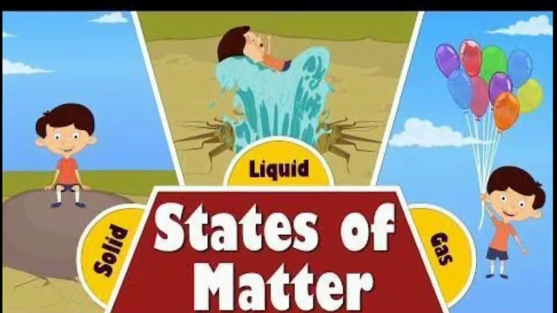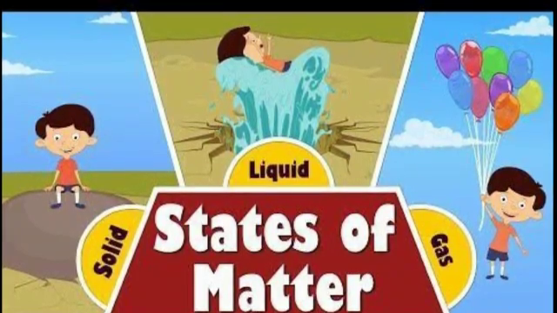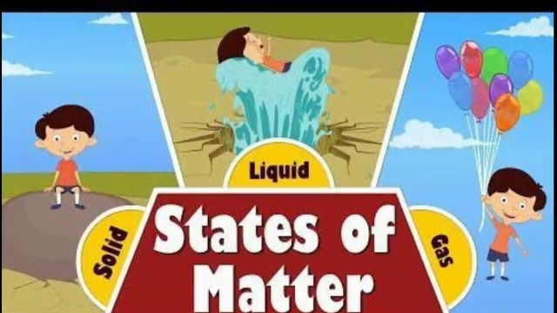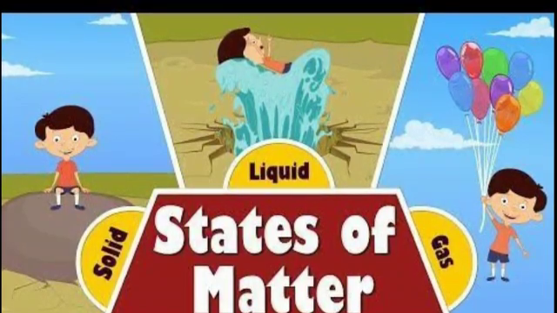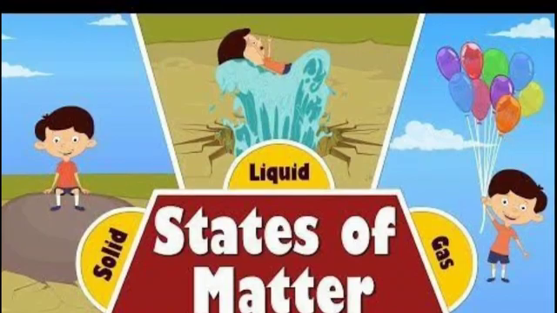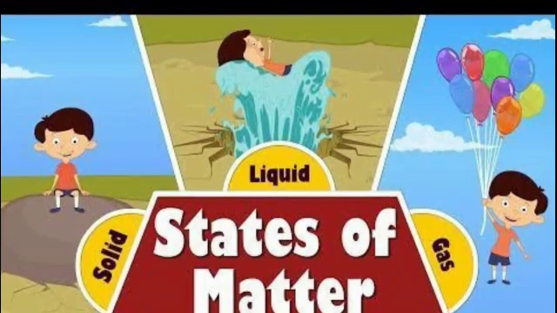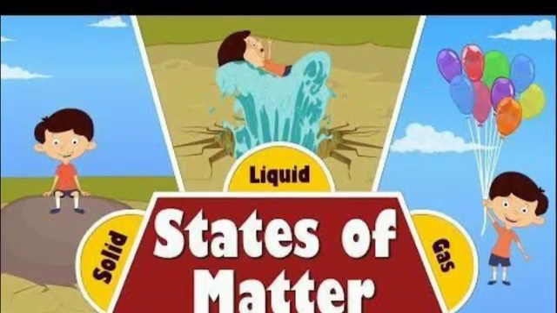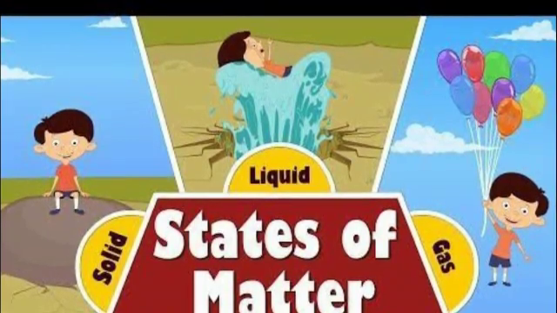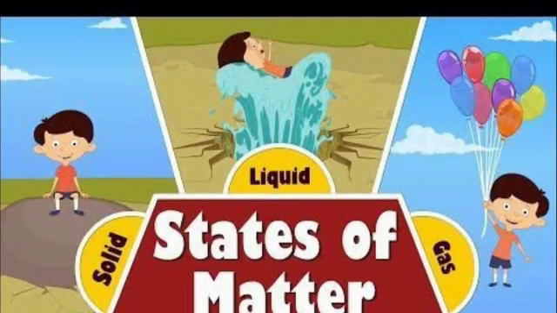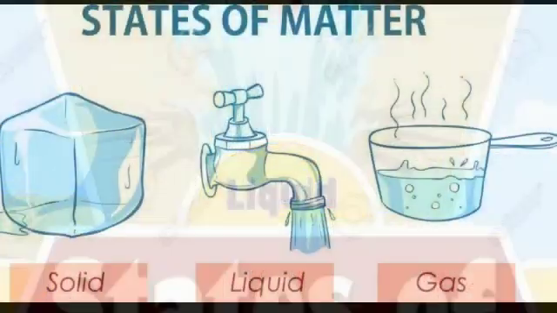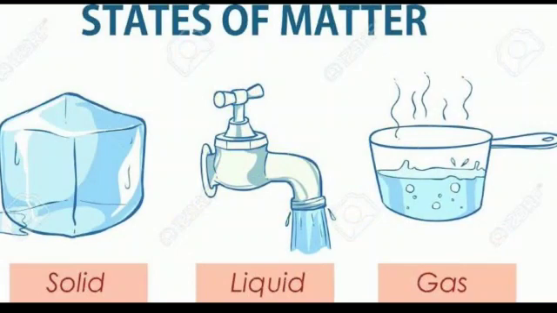But liquids have a fixed volume but they do not have a fixed shape. So as you all know, water or oil doesn't have a fixed shape, but it takes the shape of the container in which it is poured. But gases do not have a fixed volume or a fixed shape.